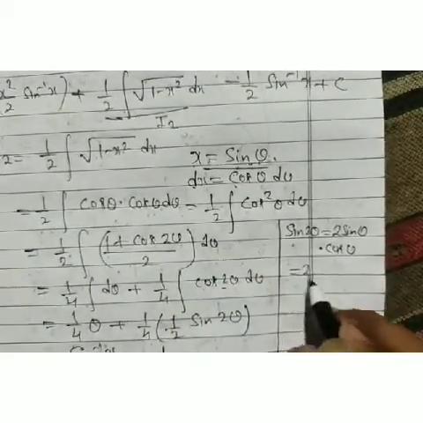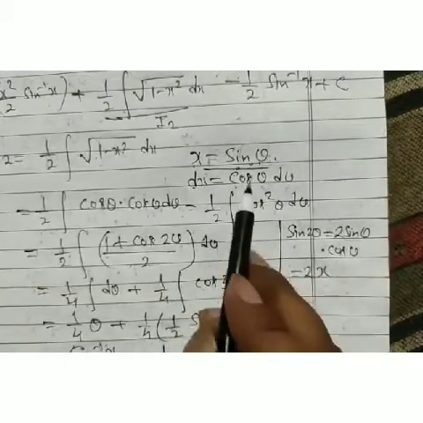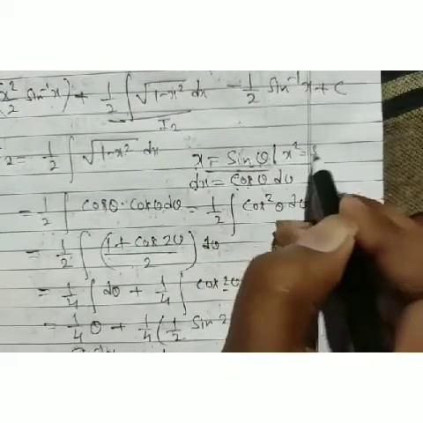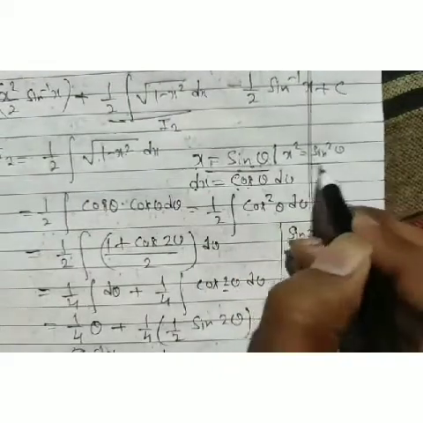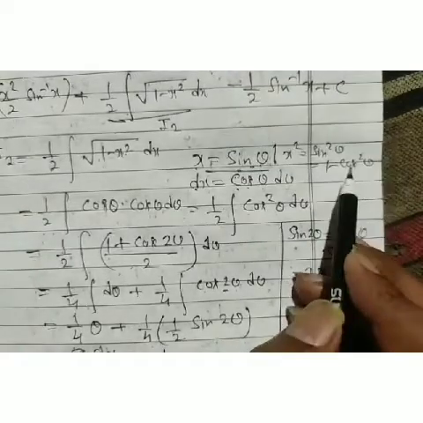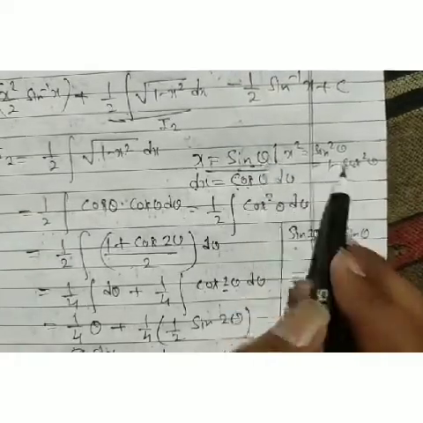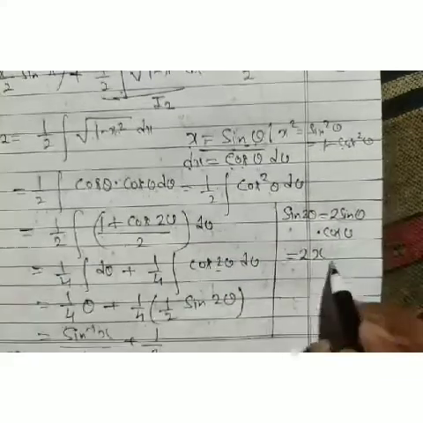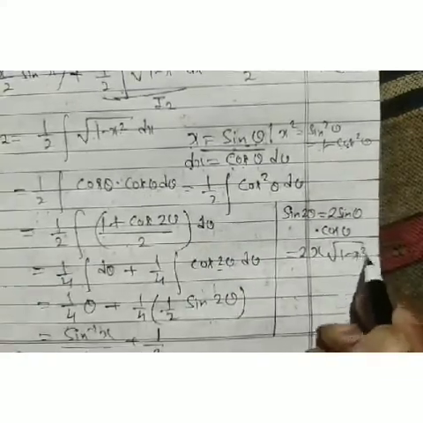Then this is our 2x, and when we take the square, x square equals sine square theta, which is 1 minus cos square theta. Then cos square is 1 minus x square, so cos theta is under root 1 minus x square.